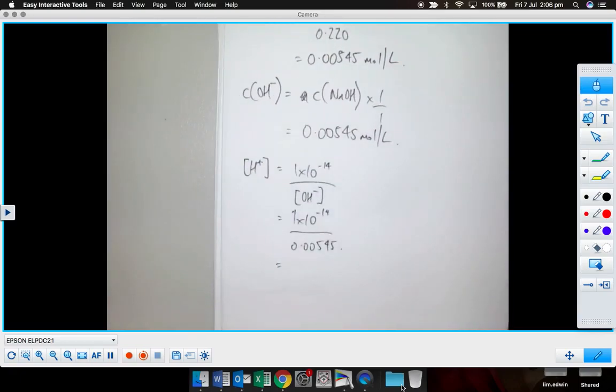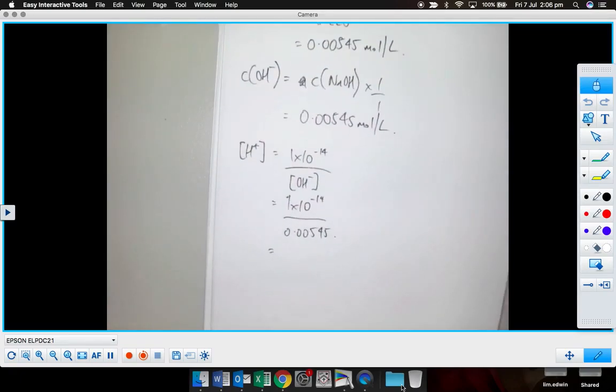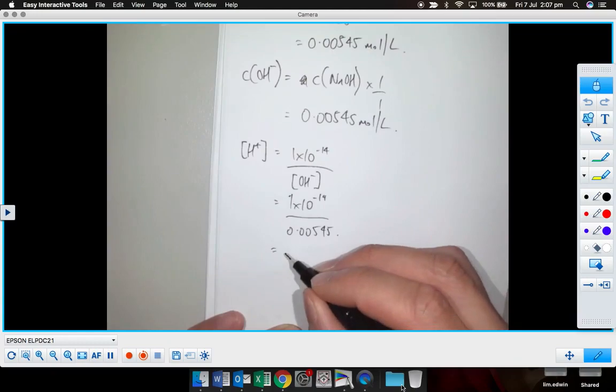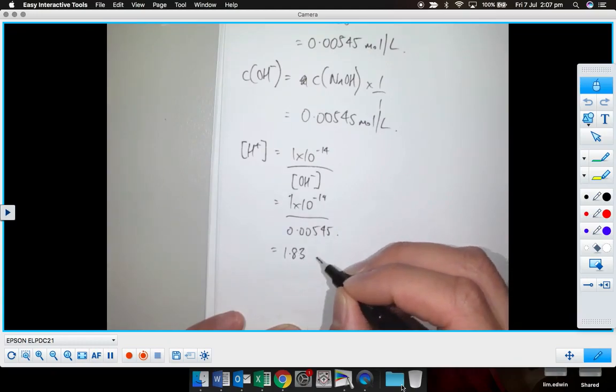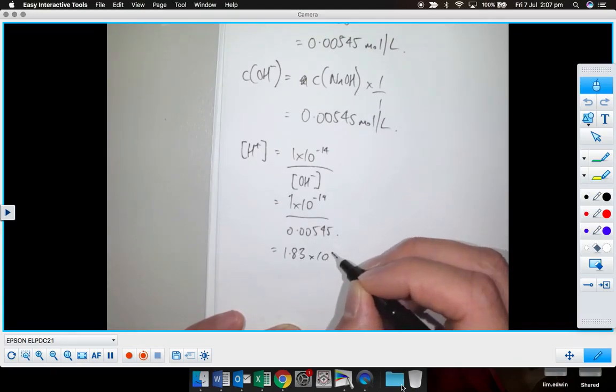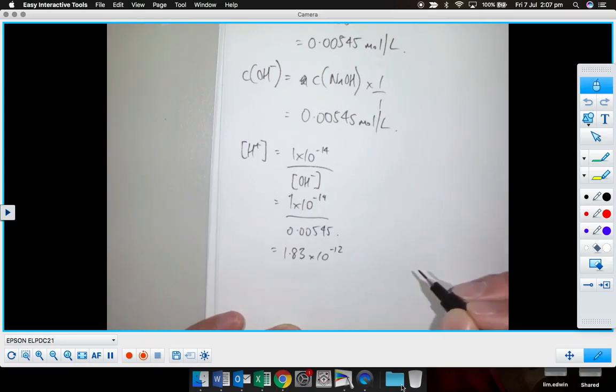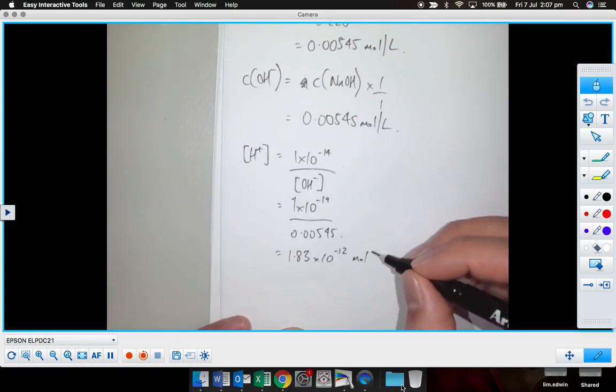If I type that in, I'm going to get the wrong answer because I can't just type it in like that, so I'm going to use the old saved answer, which is 1.83 times 10 to the negative 12 mole per liter.